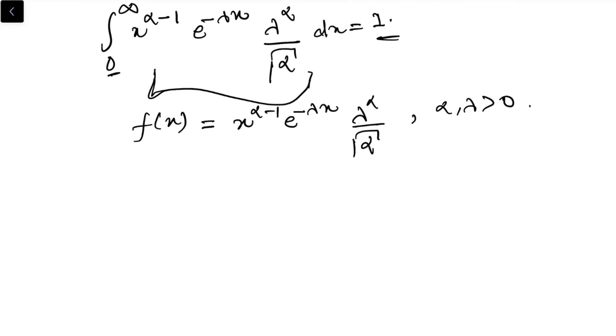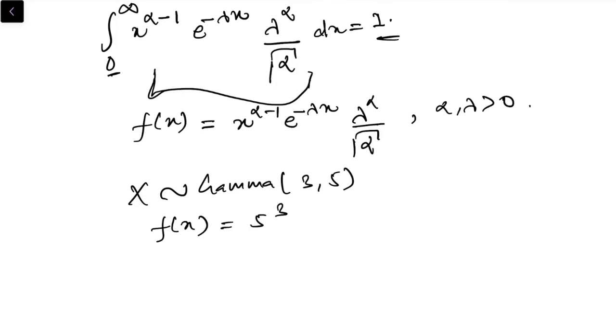Now let's look at one example. Suppose X follows gamma(3, 5). So the PDF is 5 to the power 3 divided by gamma 3, times x squared e to the power minus 5x, where x is greater than 0.